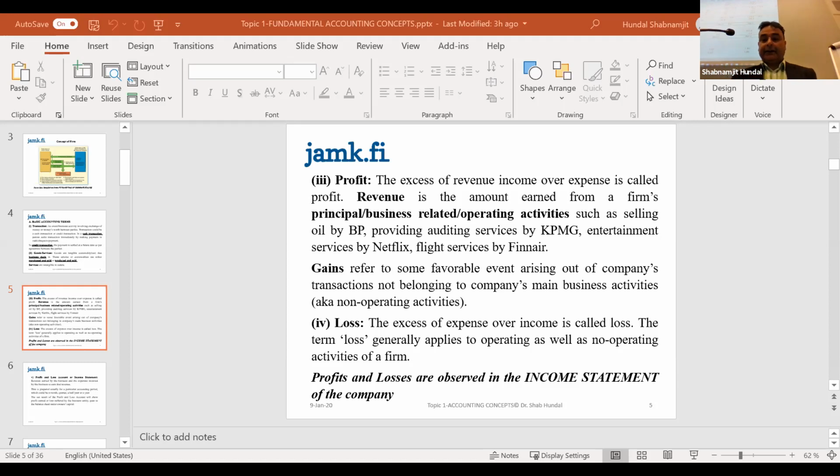So this is the final report card of the company, that overall, at the end of the day, the company was richer by 845 million euros.